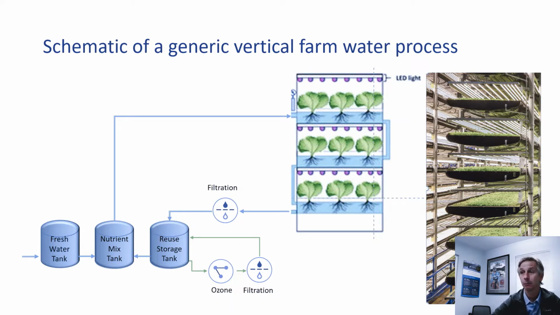Now, these roots can be in soil, or they can be directly in the water itself, but the water flows through, carries the nutrients, and then moves on to the next tray and cascades through the farm. The picture on the right will give you an idea of the scale of some of these vertical farms. You can see that there are quite a few trays. The leafy greens are grown in a compact environment, and you can see how they can get quite a bit of growth out of a small space.